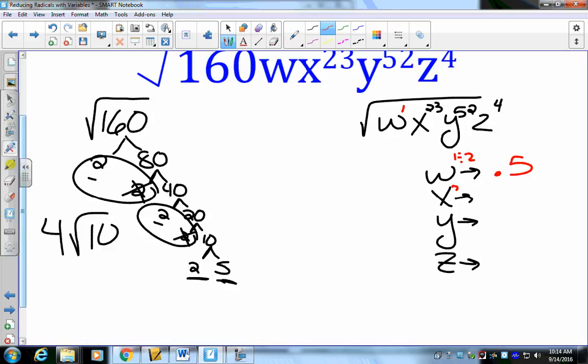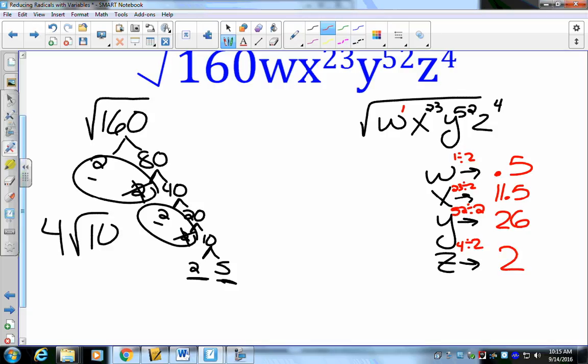For the x, I'm doing 23 divided by 2, which gives me 11.5. Okay, so I see 0.5s for both of those, so I know I'm going to have remainders. I'm going to have a w and an x left over underneath. For y, I'm doing 52 divided by 2, which gives me 26. And for the z, I'm doing 4 divided by 2, which gives me 2.